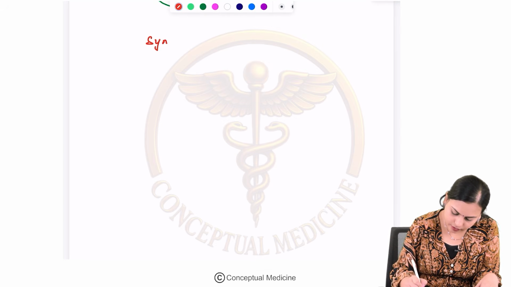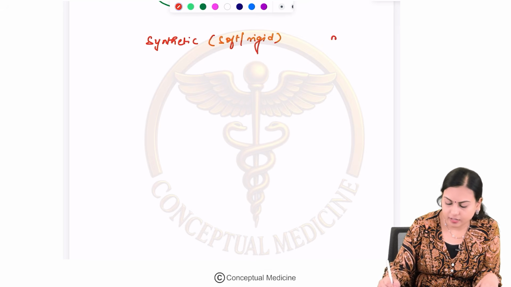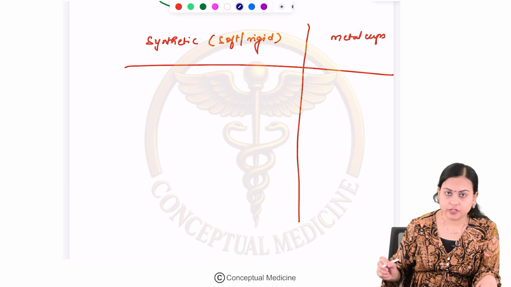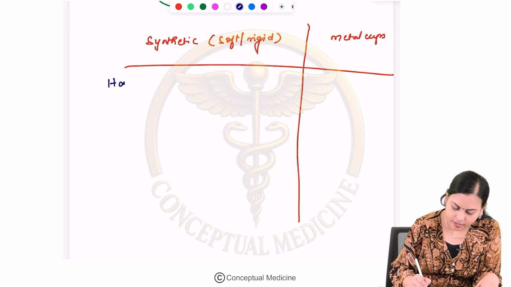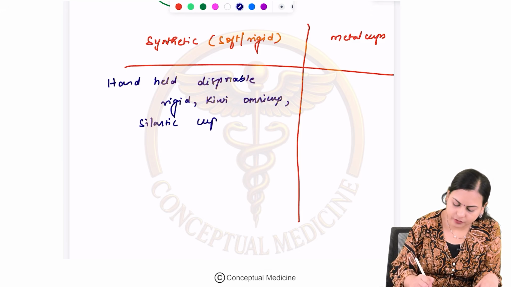So, first is synthetic cup, that is the soft or rigid cup, and another one is metal cups. Okay. So, the rigid cups consist of handheld, disposable, rigid cup or kiwi omni cup or conventional celastic cup device.